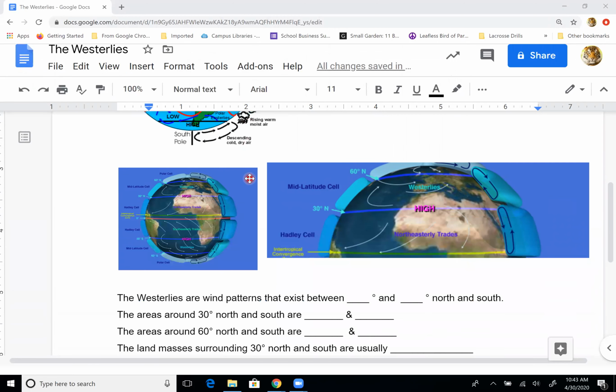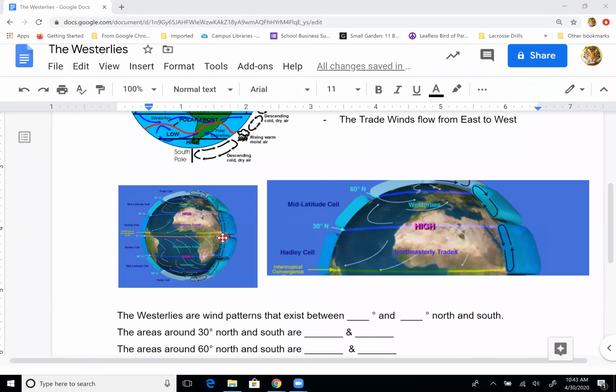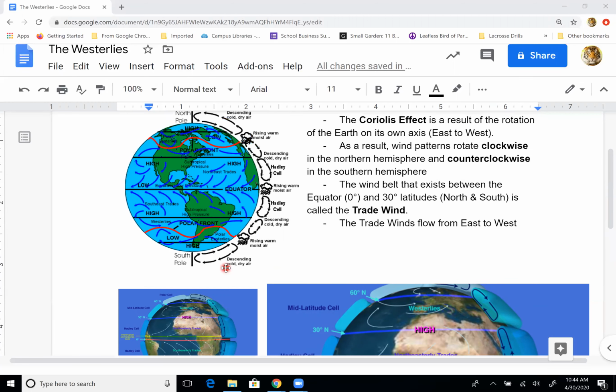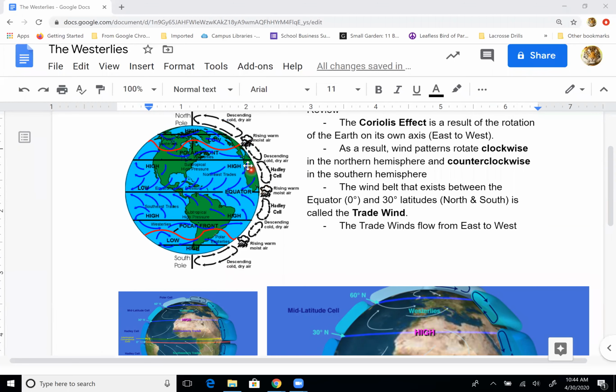These winds, again, go clockwise in the northern hemisphere and counterclockwise in the southern hemisphere. What happens is similar to what happens between 0 and 30.